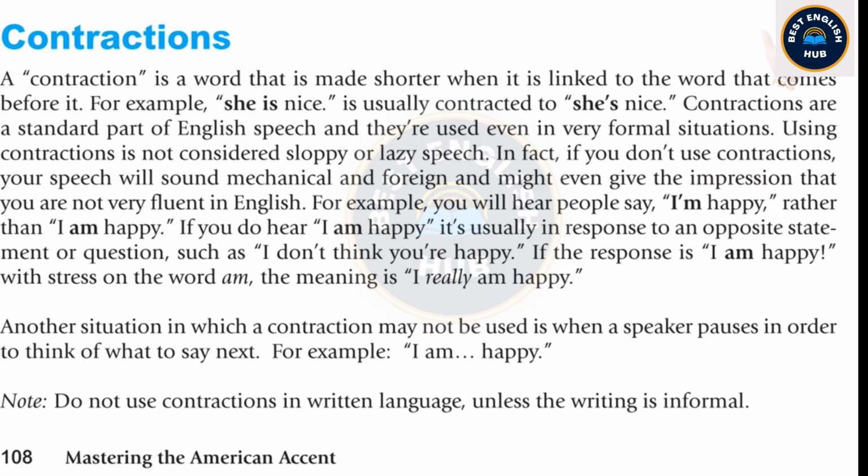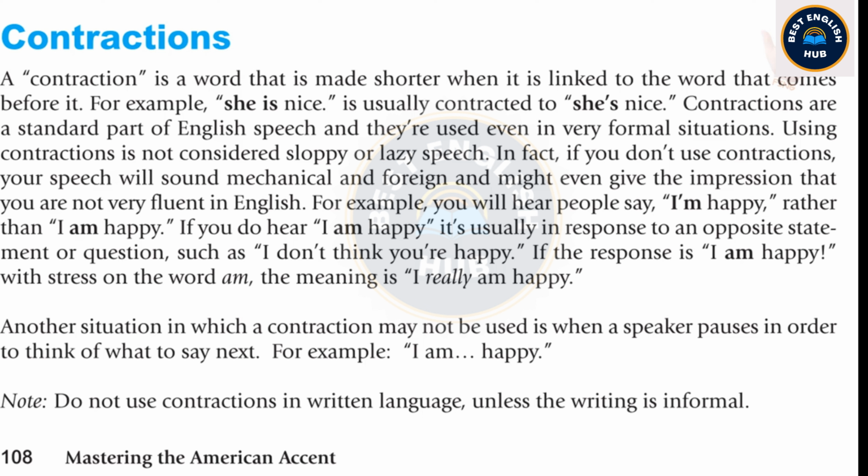For example, you'll hear people say, "I'm happy," rather than "I am happy," and "he's American," rather than "he is American." If you do hear "I am happy," it's usually a response to an opposite statement or question, such as, "I don't think you're happy," and the other person replies, "I am happy," by stressing the word am and meaning, "I really am happy."